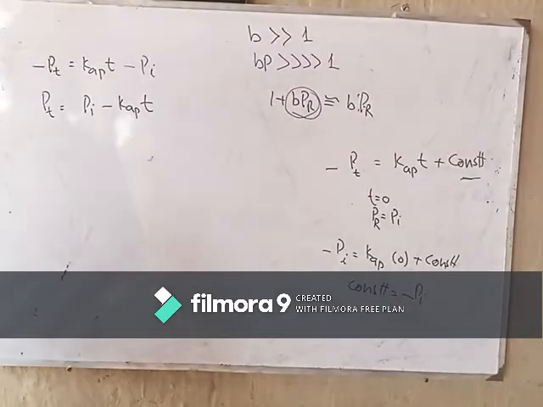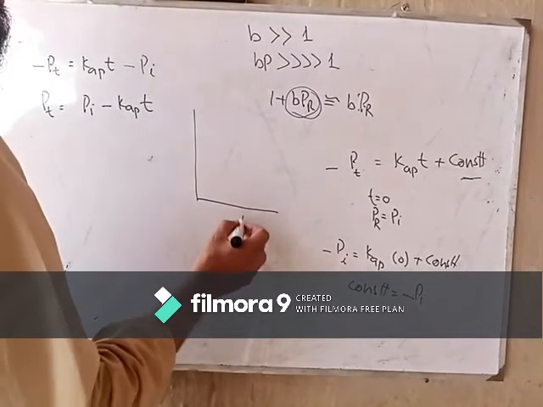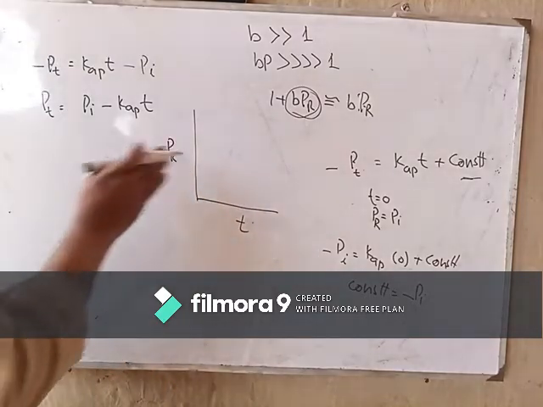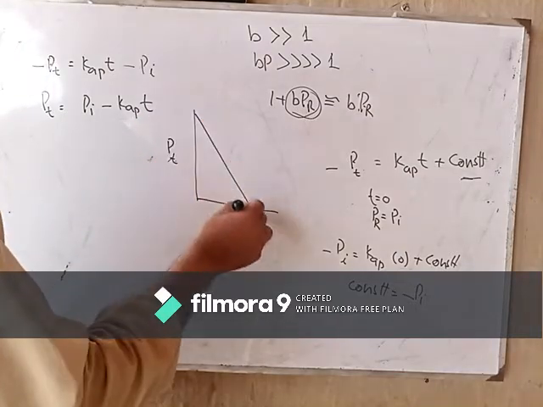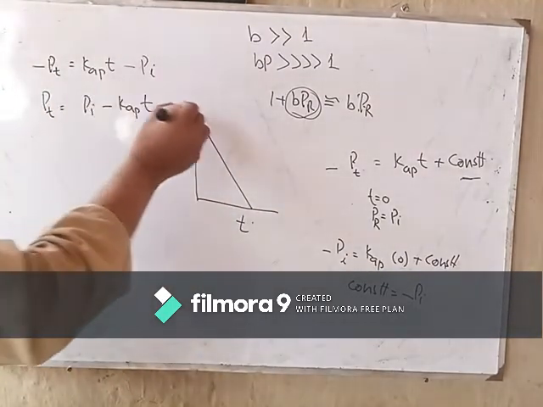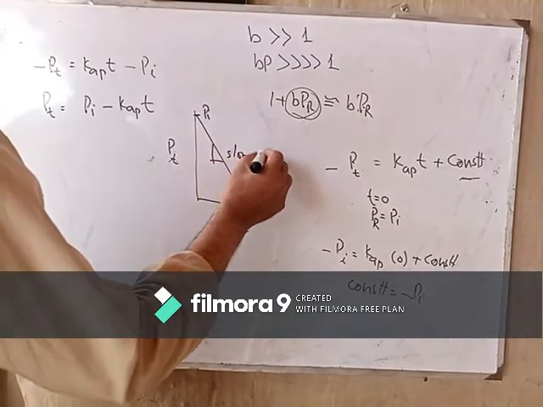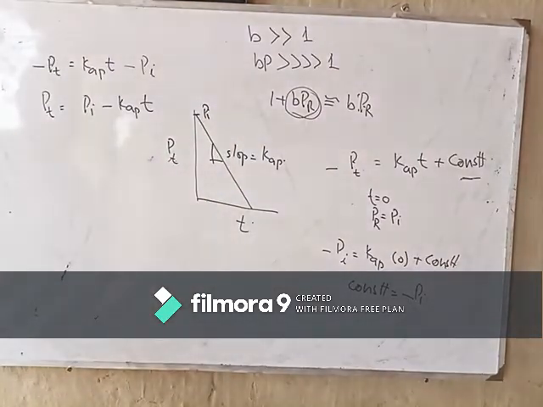So this is a straight line equation for zero order reactions. अगर हम T versus PR को ले लेते हैं, PT को different time interval पर लेते हैं, and we get a straight line with negative slope. This is Pi, और इसका slope वो है Kap, zero order rate constant. So for strong adsorption the reaction is zero order.